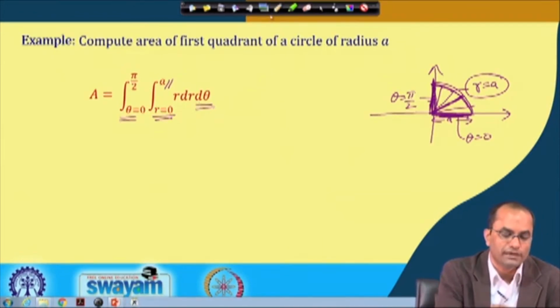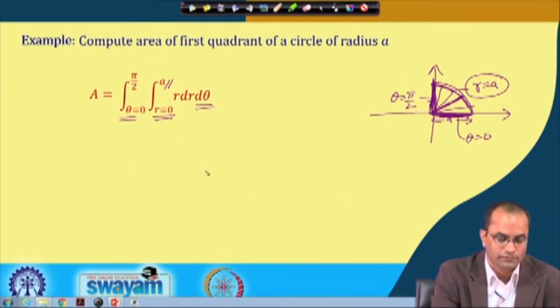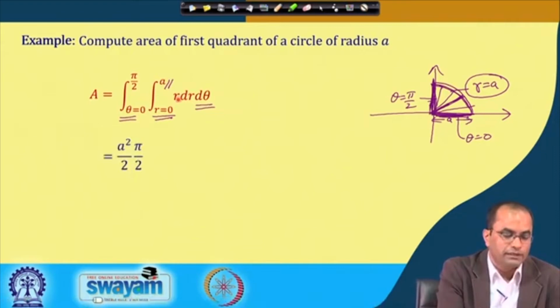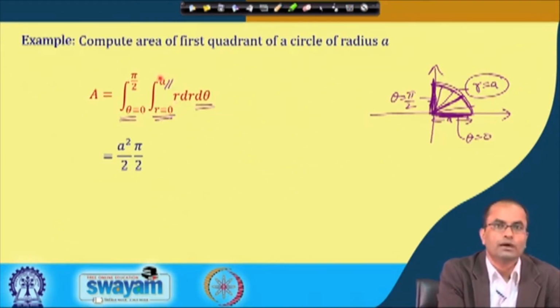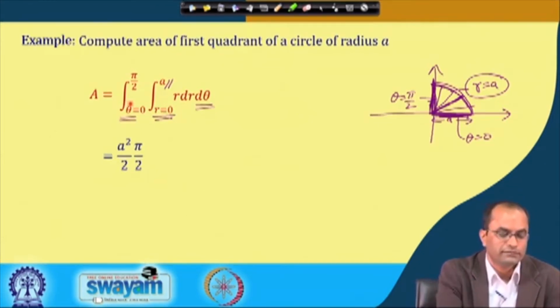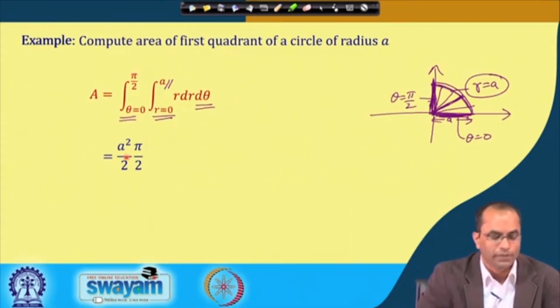We just need to evaluate this integral, which will give r square by 2; the upper limit of r is a, so a square by 2, and then integrating with respect to theta gives pi by 2.